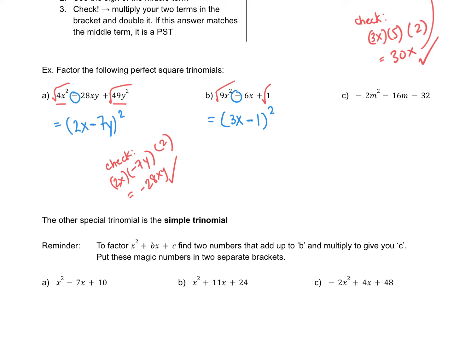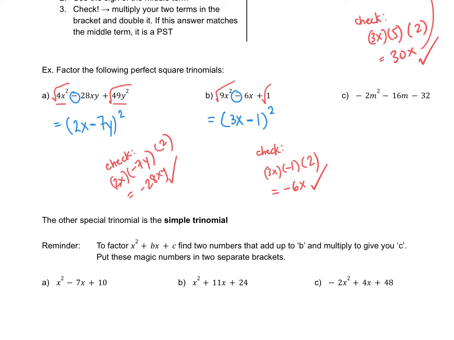And here it is, my check, which you can also do in your head after a while. 3x times negative 1. Double it, because it pops up twice when you do distribution. 3x times negative 1 is negative 3x. When I double it, negative 6x. That's perfect.